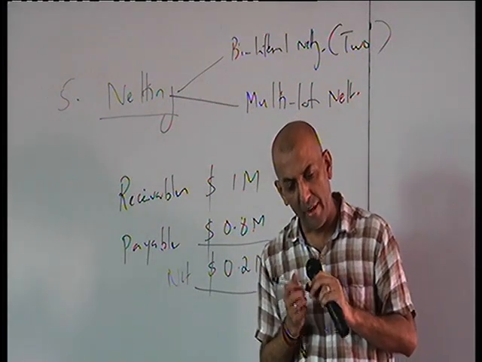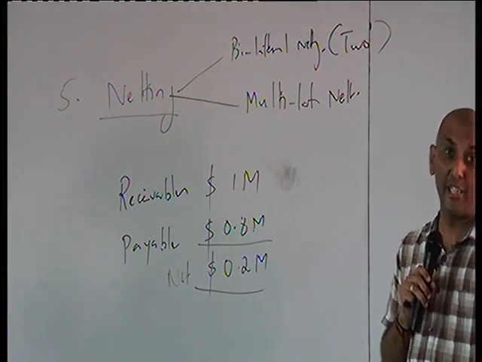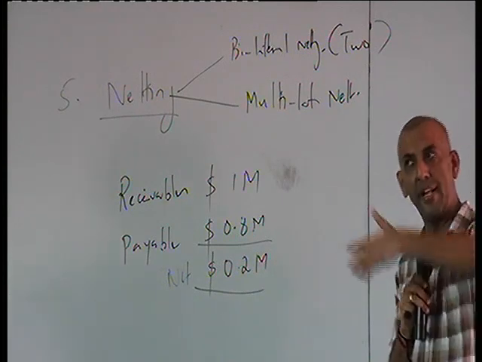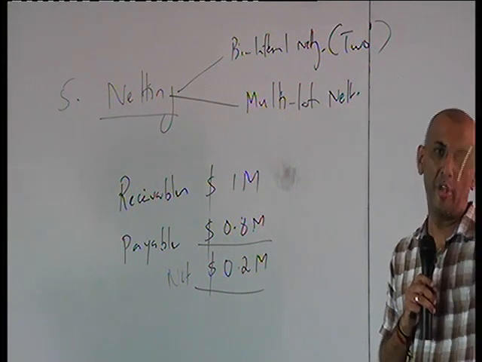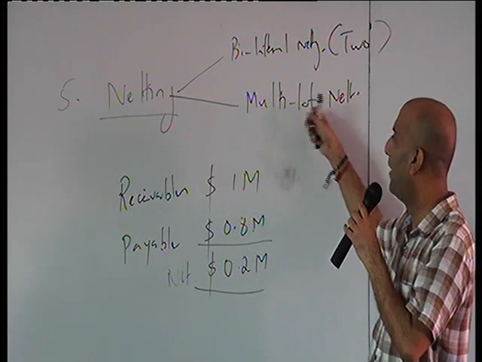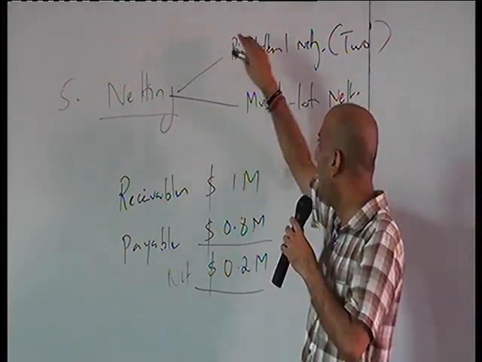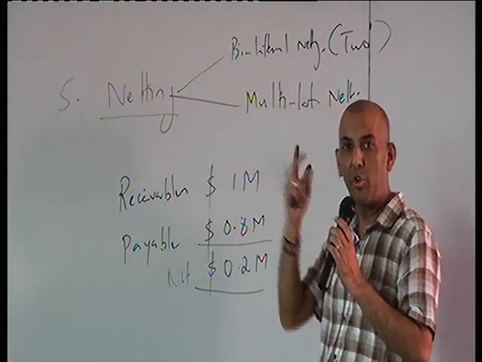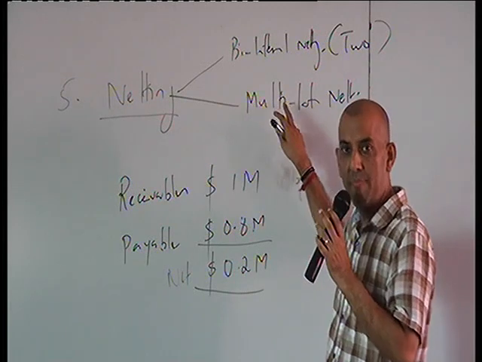You are part of a larger multinational group. You have many receivables, many payables. You set off each other, and only the net amount you have to remit or receive. That is called multilateral netting. So you have two techniques under this: bilateral and multilateral. If two companies are involved, bilateral netting; if many companies are involved, multilateral netting.